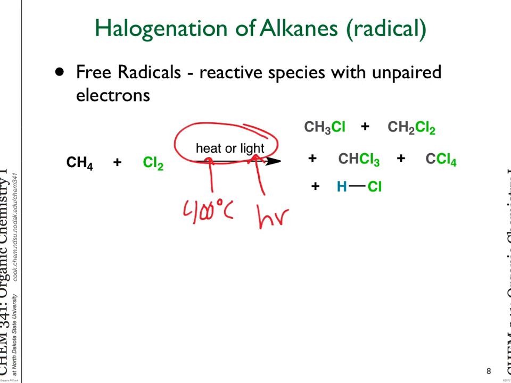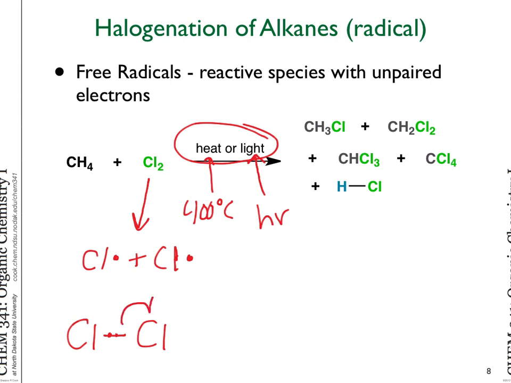In order for this reaction to take place, Cl2 has to break apart. So when Cl2 breaks apart into 2 chlorine radicals, okay, we use a dot to represent an unpaired electron. If you think about the bond between them, there are 2 electrons in that covalent bond.